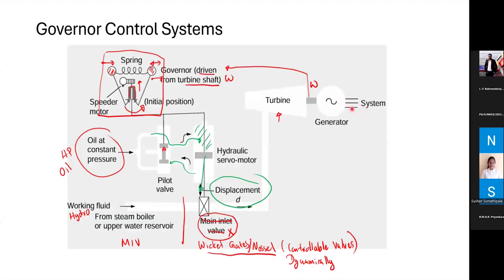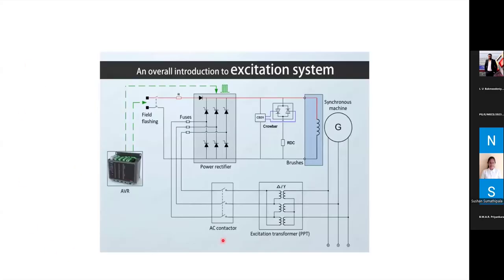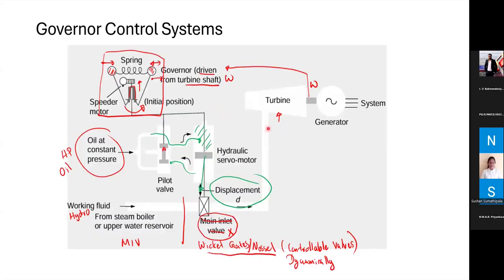So when the electrical system requires less power and the mechanical power from the turbine remains constant, it results in the generator overspeeding, and that overspeed is detected by the governor, and the governor takes necessary actions to move the pilot valve, which in turn changes the hydraulic servo motor, which controls the wicket gates of the nozzle to reduce the mechanical power output going into the turbine.